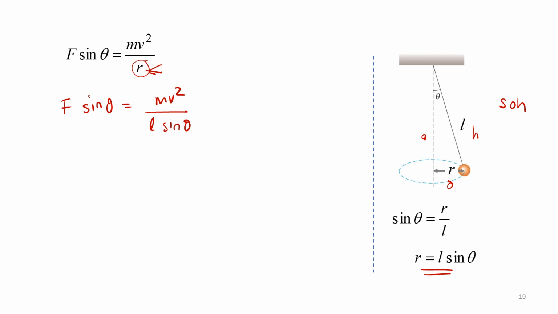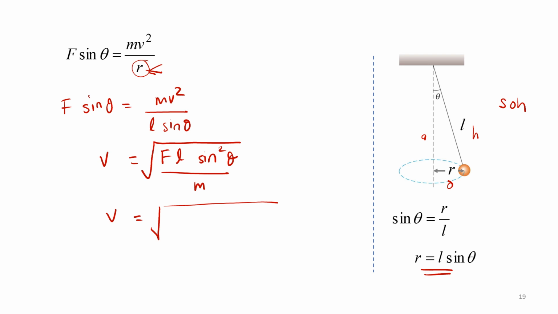And we will rearrange the equation, letting v be the subject of the equation. So we will have v is equal to the square root of FL sine square theta divided by m. So we will substitute all the values there.